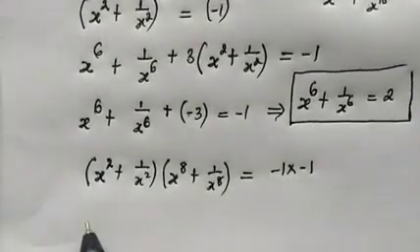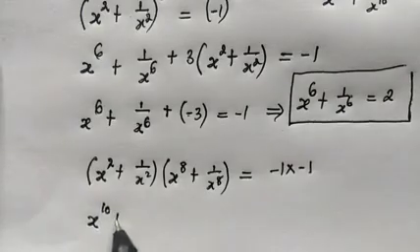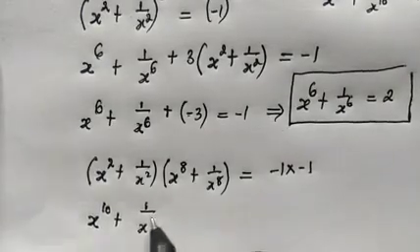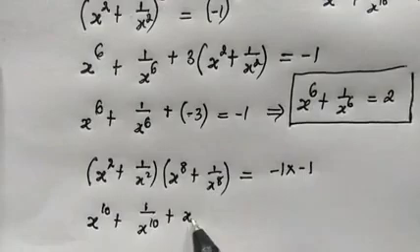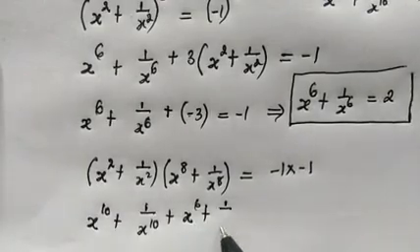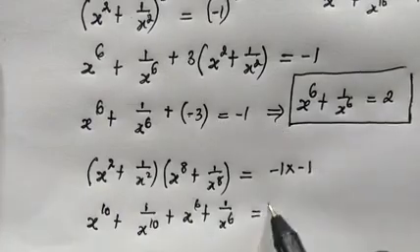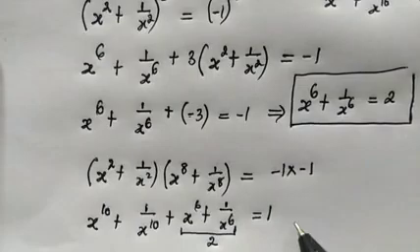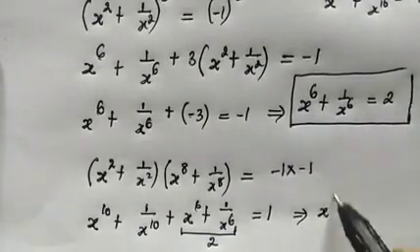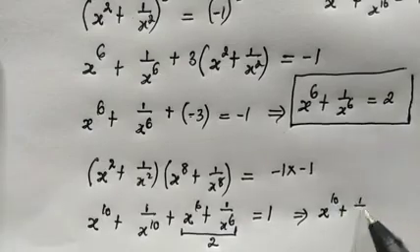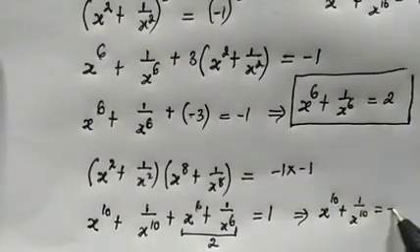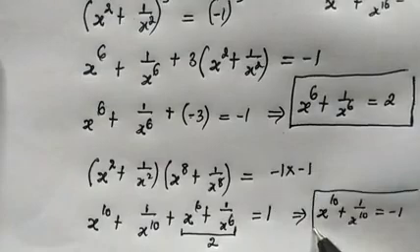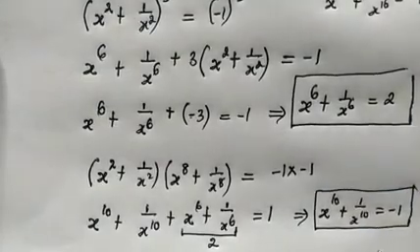So if you expand this, we get the following: x to the power of 10 plus 1 over x to the power of 10 plus x to the power of 6 plus 1 over x to the power of 6, and this is equal to 1. Remember, the value of this is 2, right? So subtract 2 from both sides, then we arrive at x to the power of 10 plus 1 over x to the power of 10 is equal to -1.